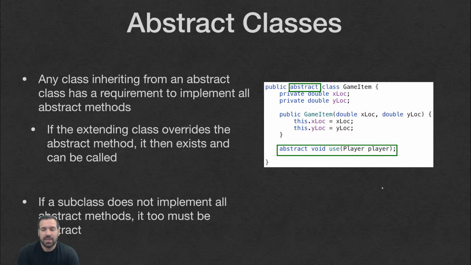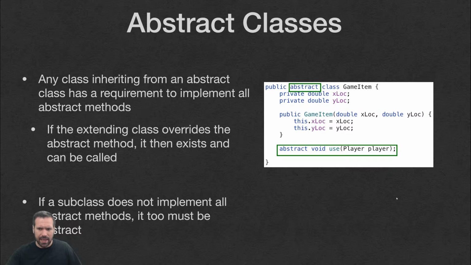So abstract prevents anyone from creating objects of type game item, and then we'll extend this class. But when we extend the class, when we inherit all the state and behavior from this class, we also inherit an abstract method. We inherit this abstract use method, which has the same problem. If we have health potion extends game item, we can't create new health potions anymore. So we have 2 choices.